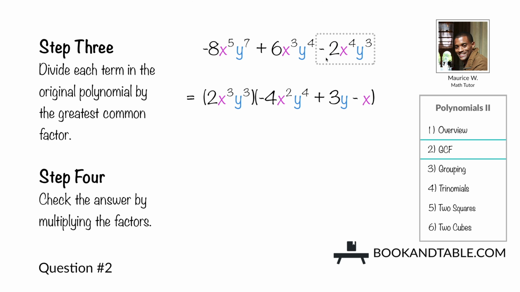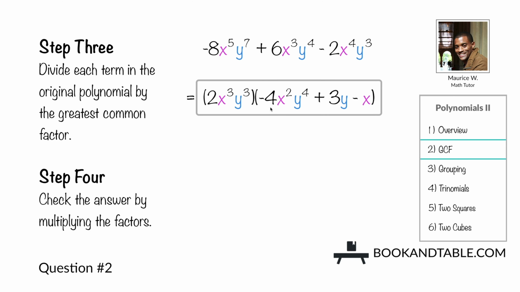And now the third term, -2 divided by 2 is -1. X to the 4th divided by x to the 3rd is x to the 4 minus 3, which is 1. So it's just x. And y to the 3rd divided by y to the 3rd is 1. So we can remove y.